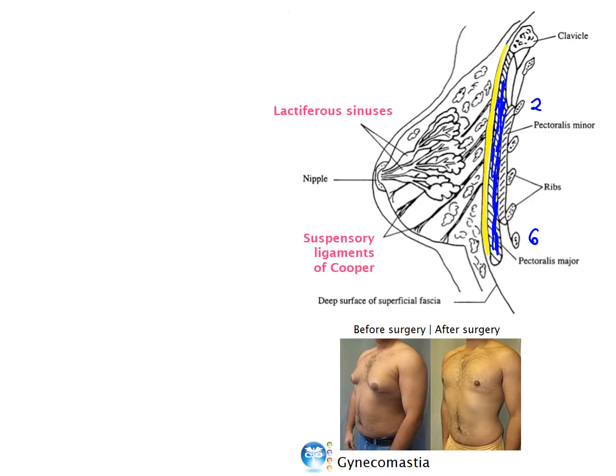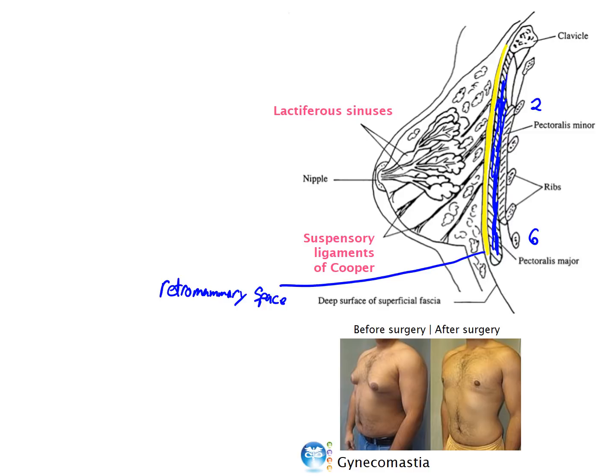This retromammary space is highlighted here in yellow. This is the space where breast implants are placed for breast reconstruction or augmentation.